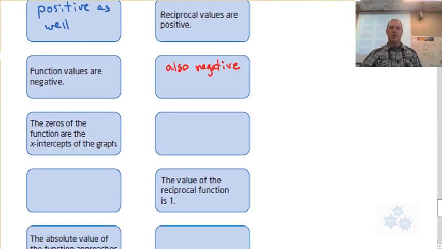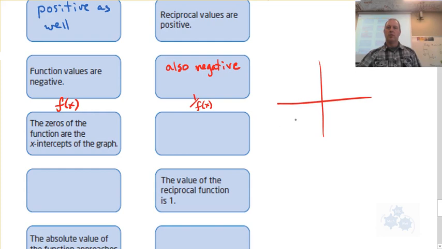Okay, so original function, here again, f(x). The zeros of the function are the x-intercepts of the graph. So what can we say about the reciprocal function? Here are the zeros of the graph for the original function, f(x). What can be said then about those zeros right here for the reciprocal function? Non-permissible values. Excellent.